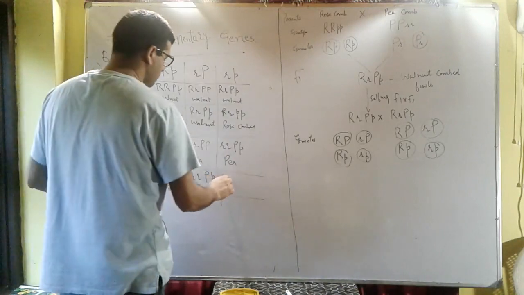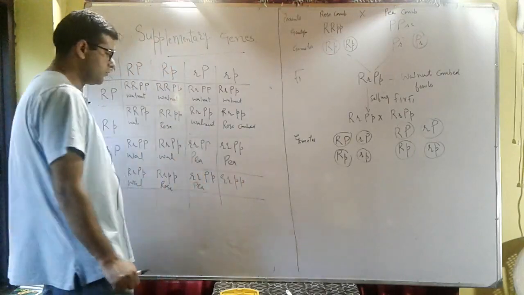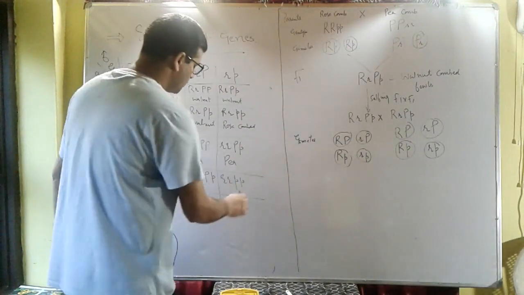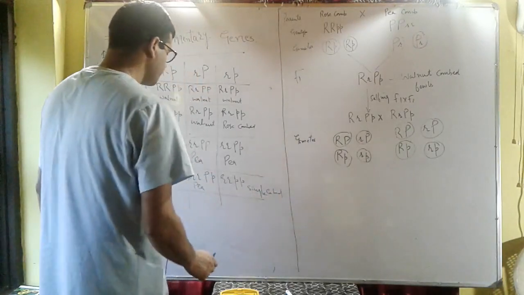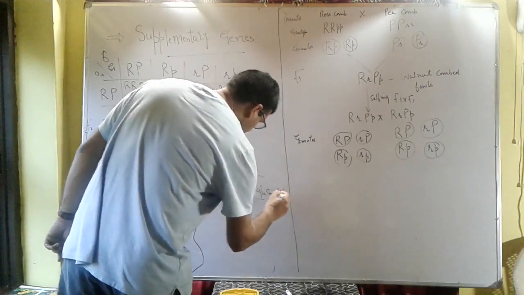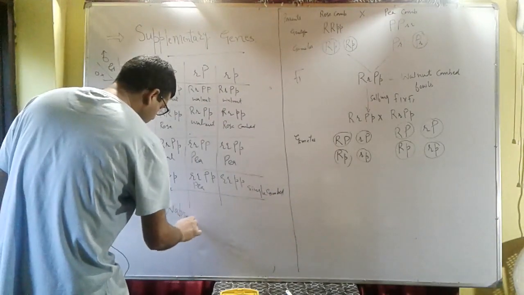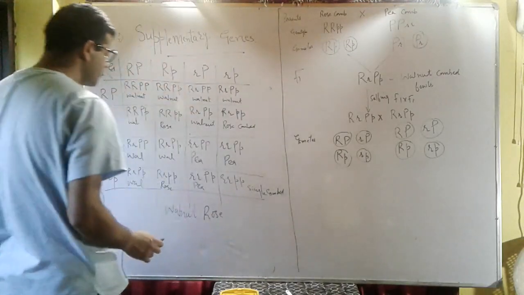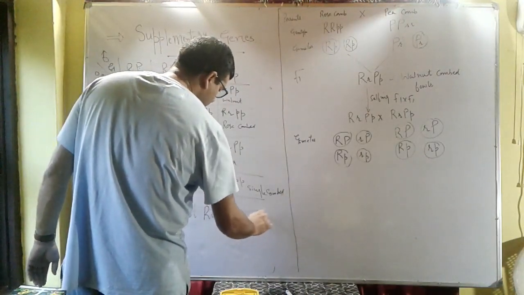Then we have small r, small r, small p, small p. That means two homozygous recessive genes are present, small r and small p. Then it is single combed. So it means that we have walnut combed chickens, rose combed chickens, pea combed chickens, and single combed chickens.